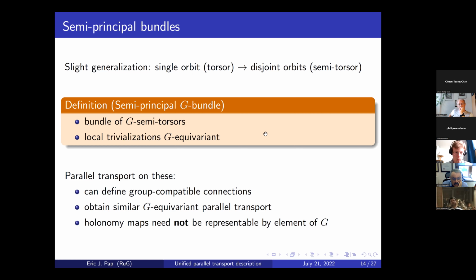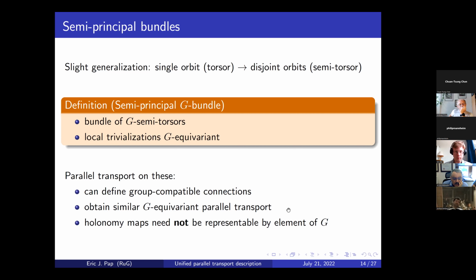That's nice, but can I still do parallel transport on these? And the answer is yes. So you can still make sense of group compatible connections. In fact, if you just write the axioms using the group, you can just copy them verbatim. So then it's also not a surprise that the parallel transport maps will again be G equivariant.